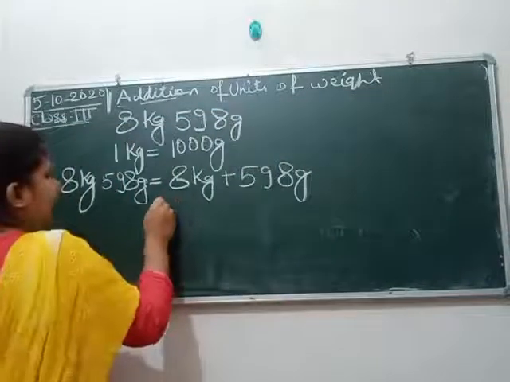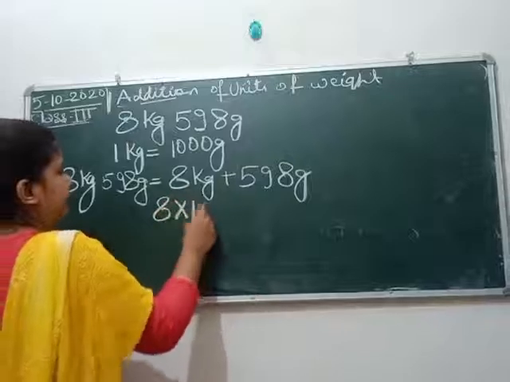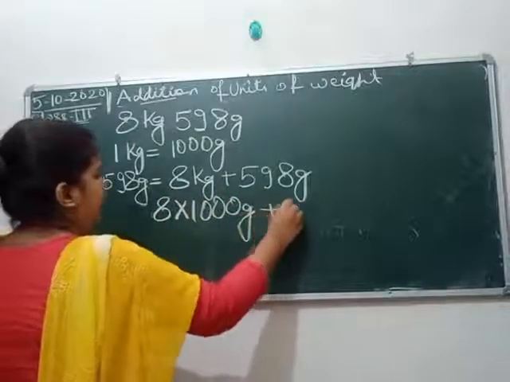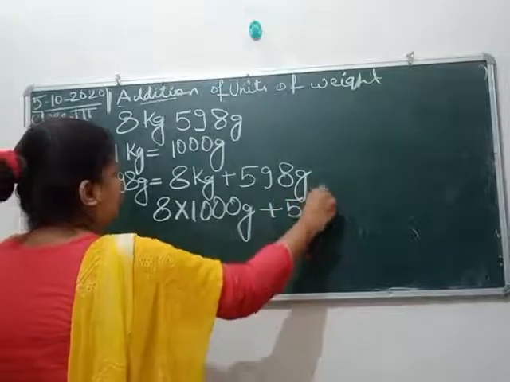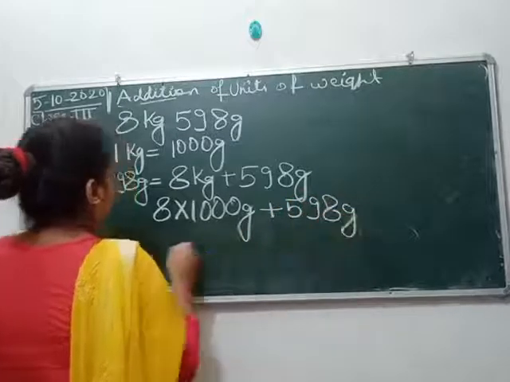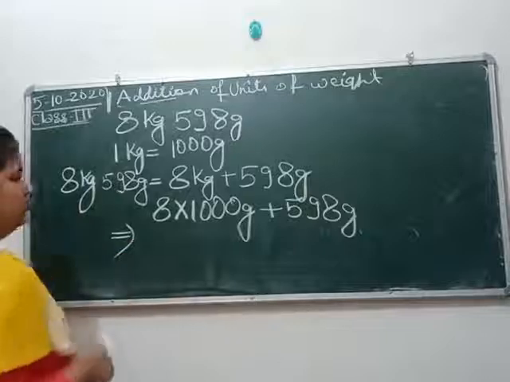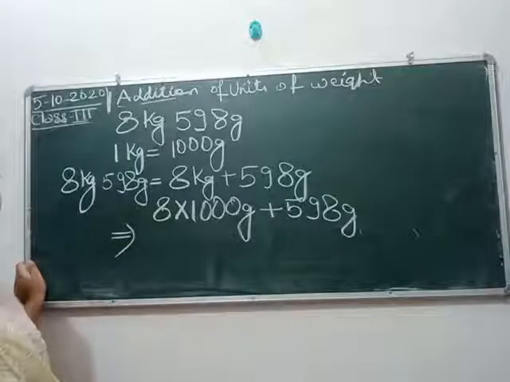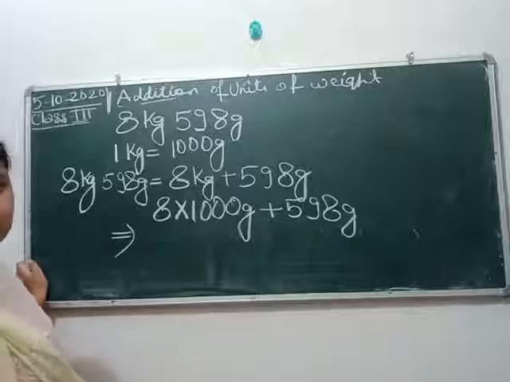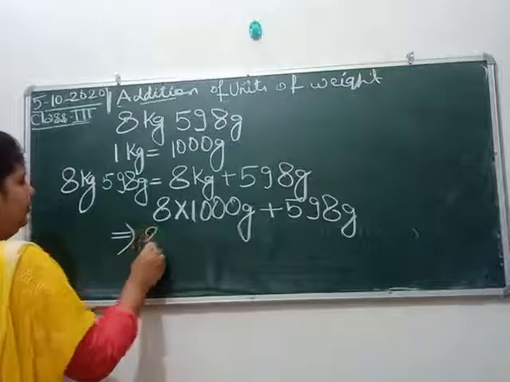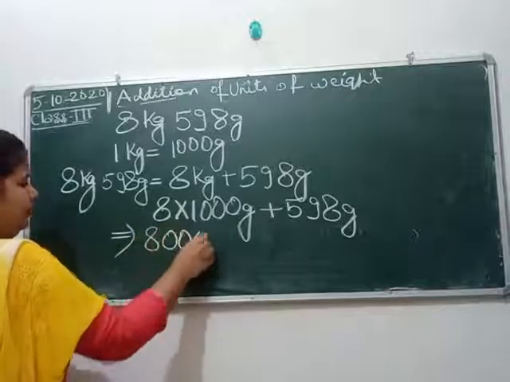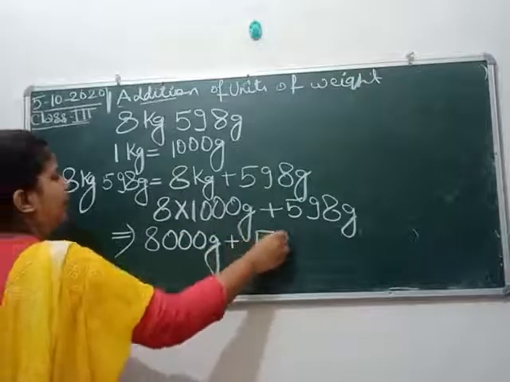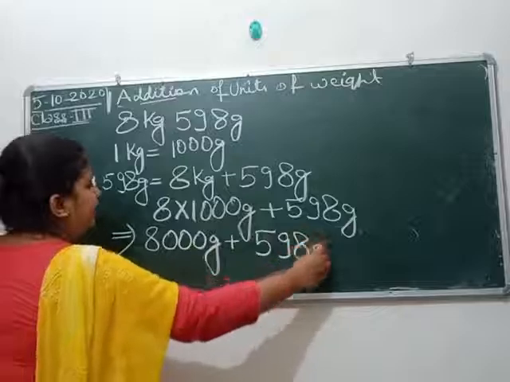Converting 8 kg, we will get 8 into 1000 gram, and here we will add 598 gram. 8 into 1000 gram we will get 8000 gram. Plus 598 gram.